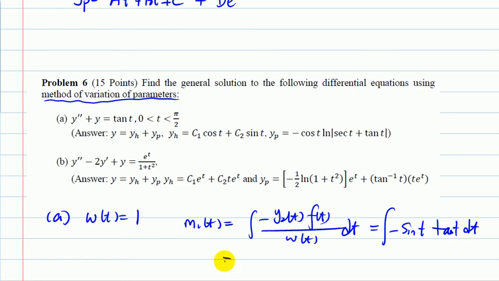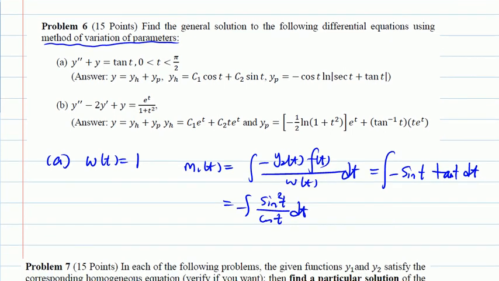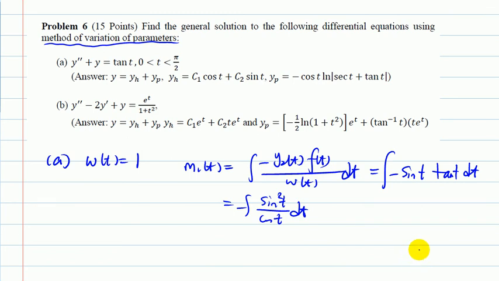So this term turns out to be negative sine squared t over cosine t dt. You might find it a little difficult in terms of this integration. Again, here is actually a simple application of a trig identity. So you change the sine squared t into this. Now I think you should be okay.